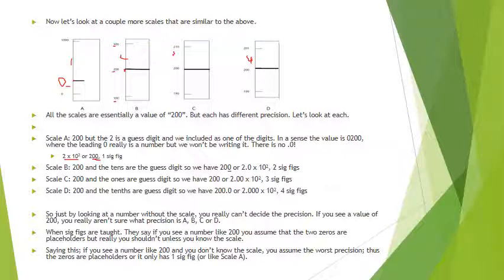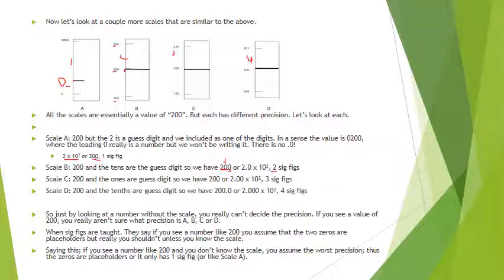I have 2, and that's 0. It counts. 0 counts because it's a guess digit. So now I have 2, 0, and then I have to put the other 0 there as a placeholder. So now we have 2 zeros. One's a real measurable number, and the other one's a placeholder. And so you write this 2.0 times 10 to the second, and it has 2 sig figs.